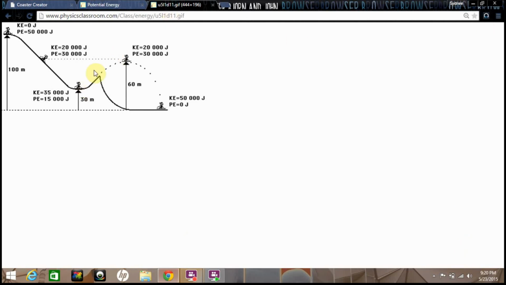And then right here, where she jumps from this little thing to here, is 60 meters, and my potential energy is higher than my kinetic energy because we are higher than that part. But say we touch the ground fully, my potential energy is 0, and my kinetic energy is 50,000.